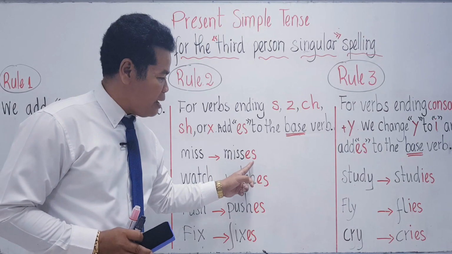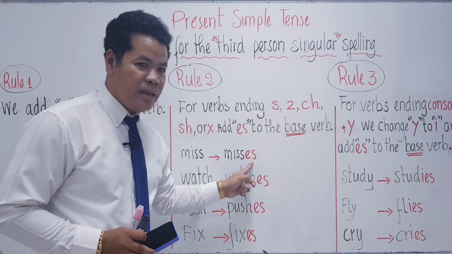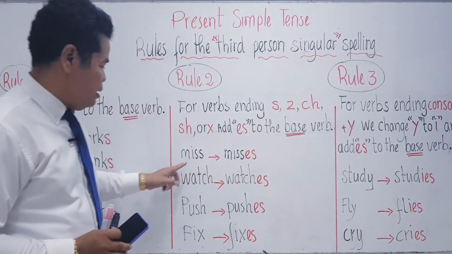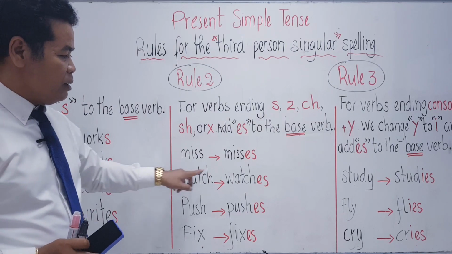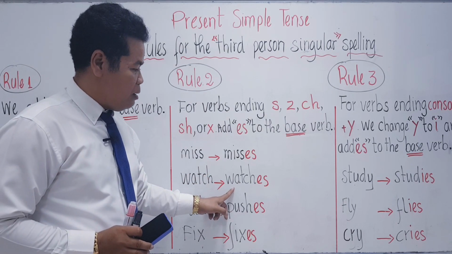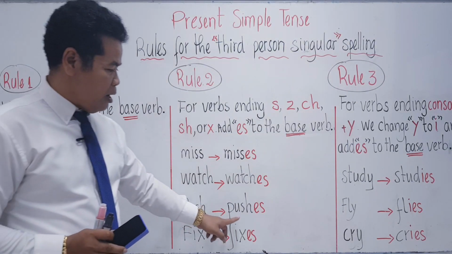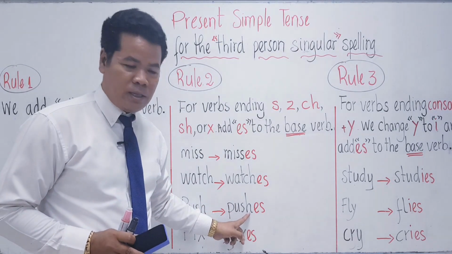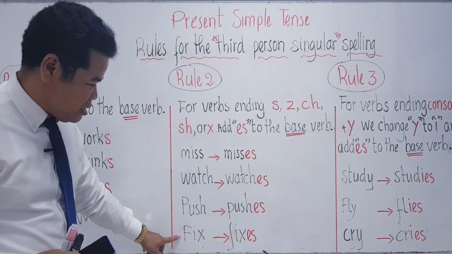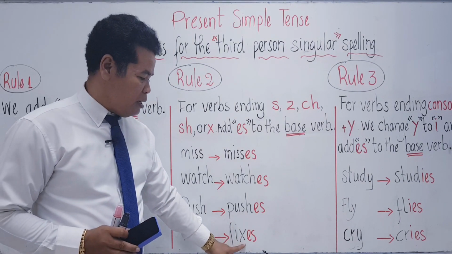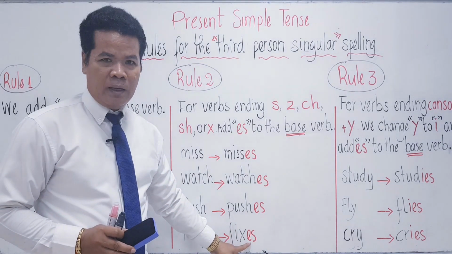The pronunciation of es is. Watch, third person singular, watches. Push, third person singular, pushes. Fix, the third person singular, fixes.